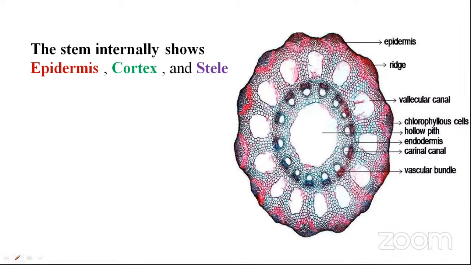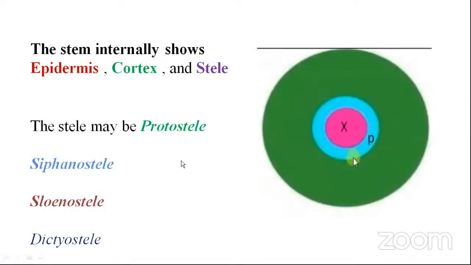But the difference is that in pteridophytes, the stelar region is not so developed. The stele may be called protostele. What is protostele? Protostele means non-medullated: in the middle region, the xylem is present. The function of xylem is to transport water and minerals. And peripherally, the phloem region is present.